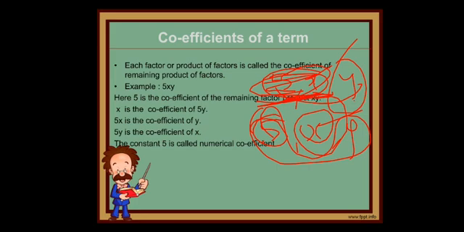And in the given term, if no number is mentioned in the term, then we have to understand that there is 1 as the numerical coefficient. So if no numerical coefficient appears in the term, then the coefficient is understood to be 1.